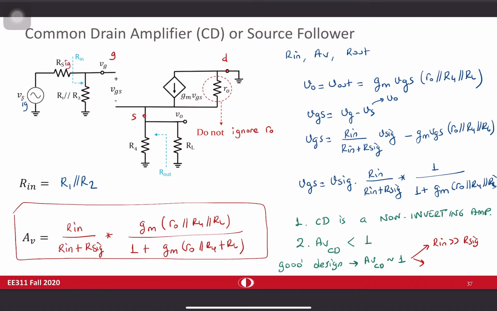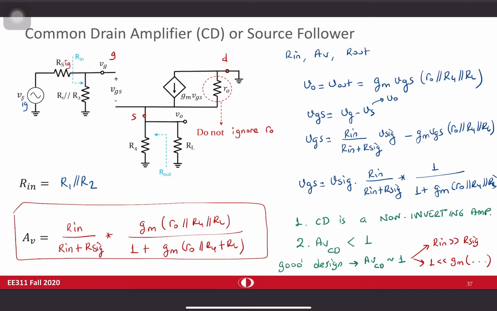The second thing, for making the second part as close as possible to 1, you want 1 much less than gm times the total resistance over there. So you want to make this thing much larger than 1. If you can do that, then you can achieve the largest gain possible with common drain amplifier, which is like at most unity.